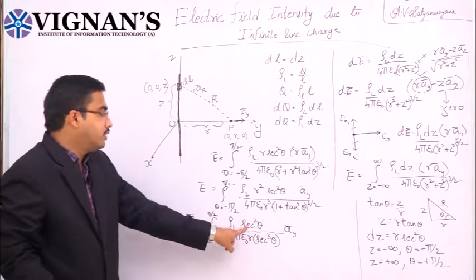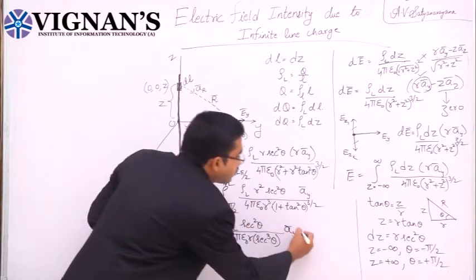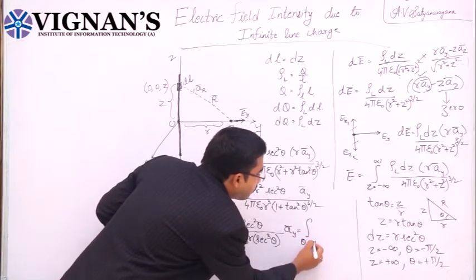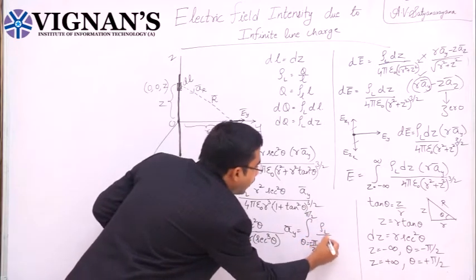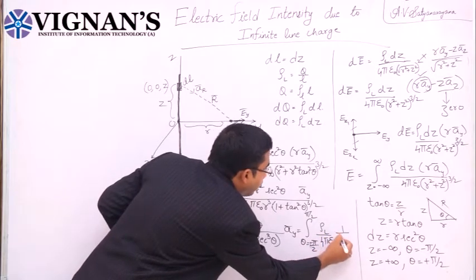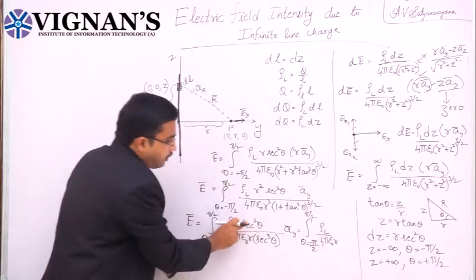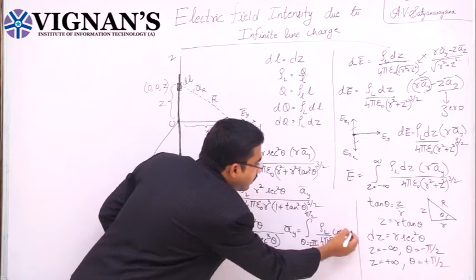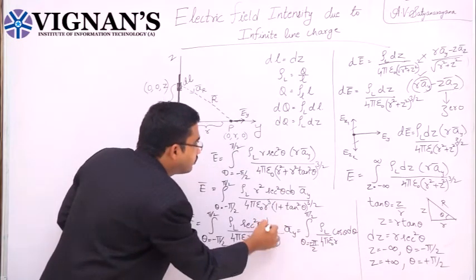Now secant square and secant cube means you will get 1 by secant, which is cos. So this will be equal to theta running from minus pi by 2 to pi by 2, rho L by 4 pi epsilon naught r, 1 by secant theta, which means cos theta d theta. Here you should substitute d theta also.